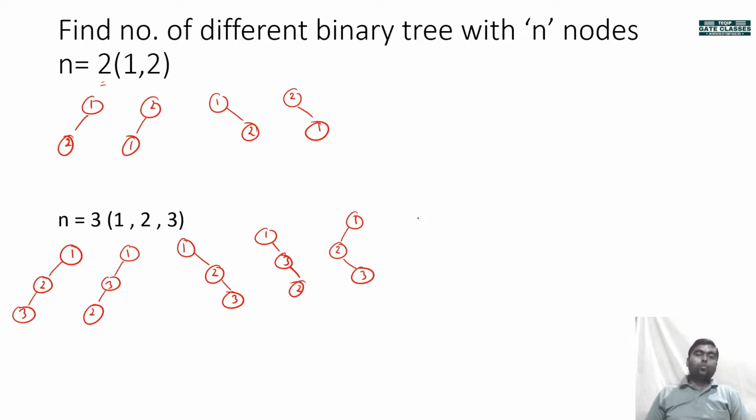We are fixing root, and I will show you, don't worry. 1 we are fixing as root, now we are changing 2 and 3. So 1 here, and then 3 over here, and then 2 over here.